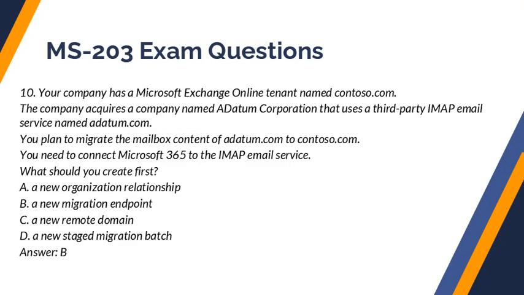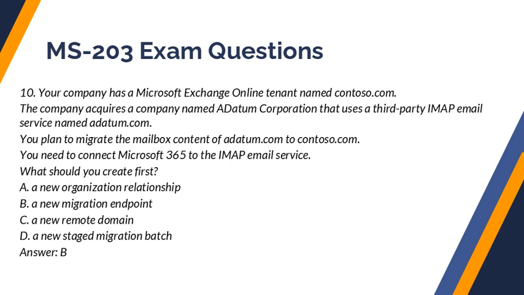10. Your company has a Microsoft Exchange Online tenant named Contoso.com. The company acquires a company named Adatum Corporation that uses a third-party IMAP email service named Adatum.com. You plan to migrate the mailbox content of Adatum.com to Contoso.com.